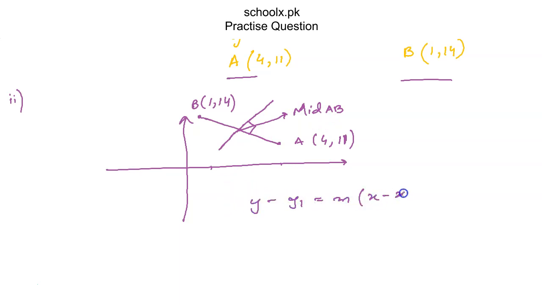To use this formula, you need a point on the line, which has 2 coordinates, and the gradient of the line. Let's name this perpendicular bisector P. The gradient of P will be the negative reciprocal of the gradient of AB. Now let's start by finding the gradient of AB.